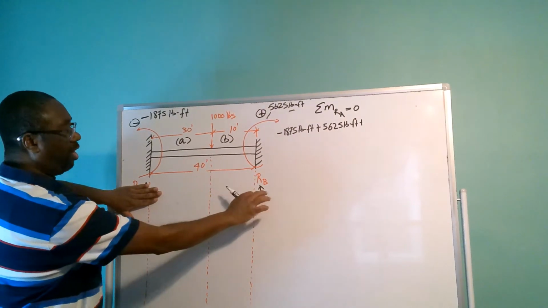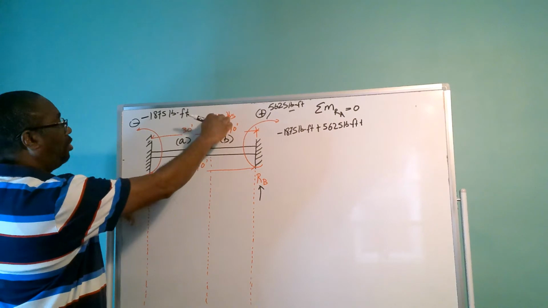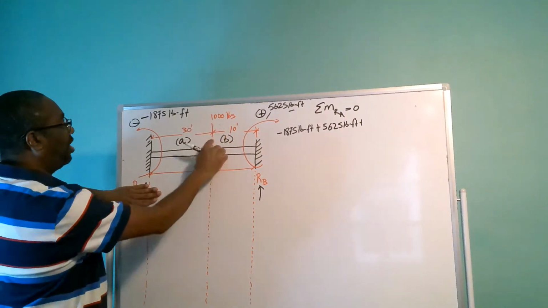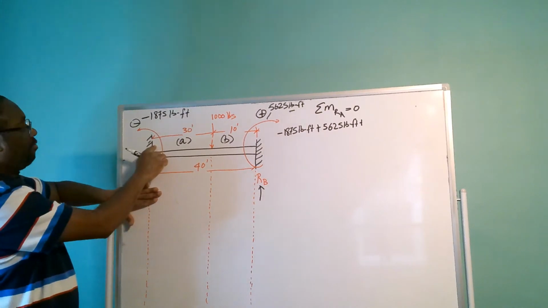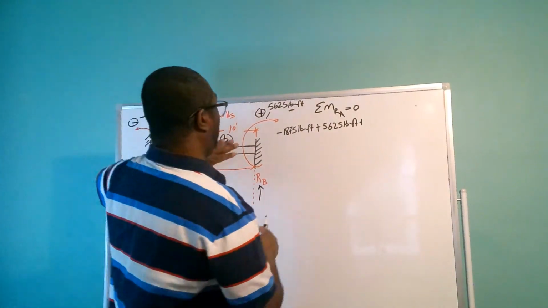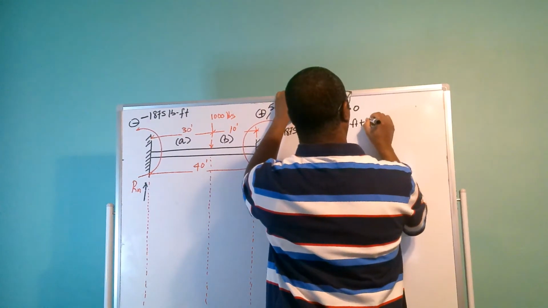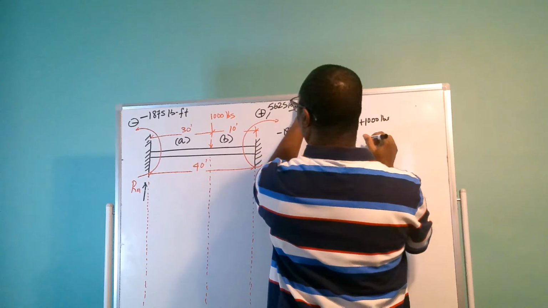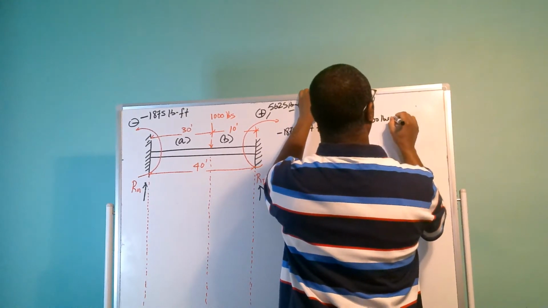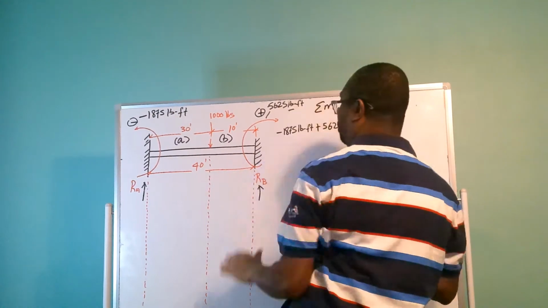Now we're not going to move the reaction at B here. So we have 1,000 pounds here coming down, and this 1,000 pounds is acting 30 feet away from RA. So the next moment is going to be plus 1,000 pounds times 30 feet.